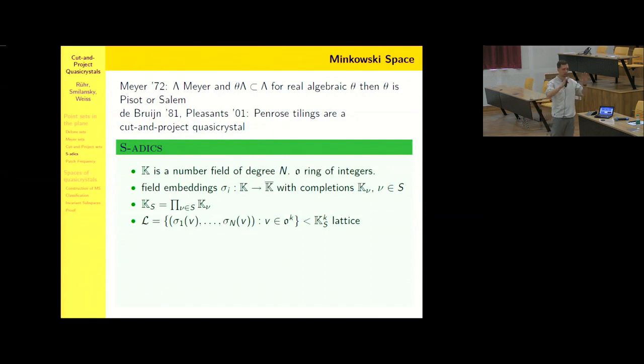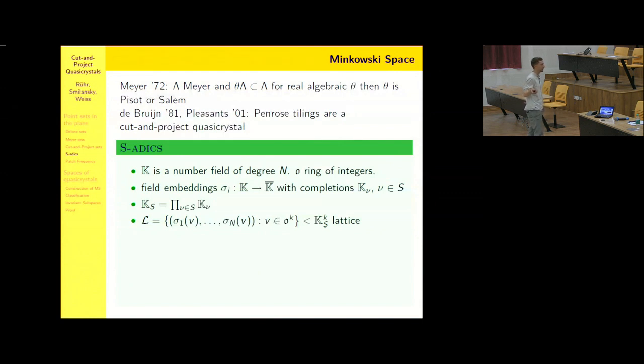And more recently, people pushed this idea of taking some algebraic construction and studying the corresponding cut and project quasicrystal. The square root 2 construction falls into this general framework of algebraic numbers.